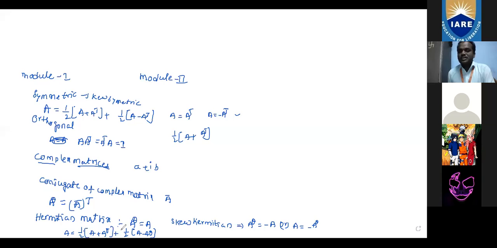Another topic you learn here is the unitary matrix.